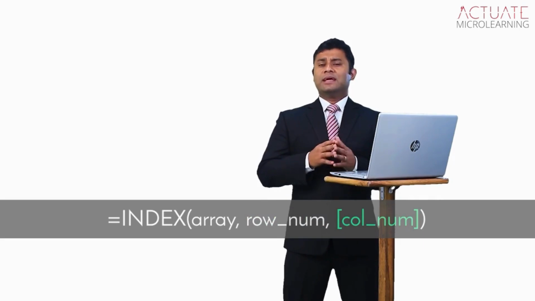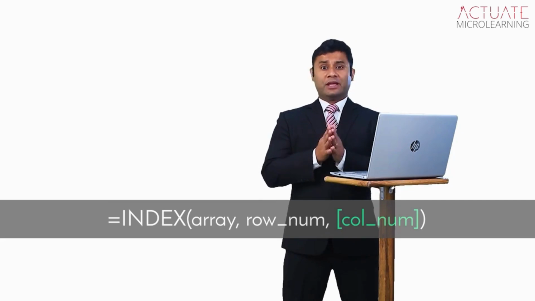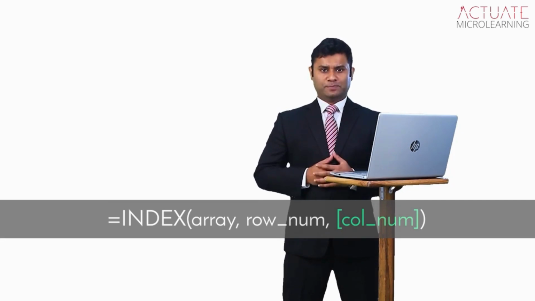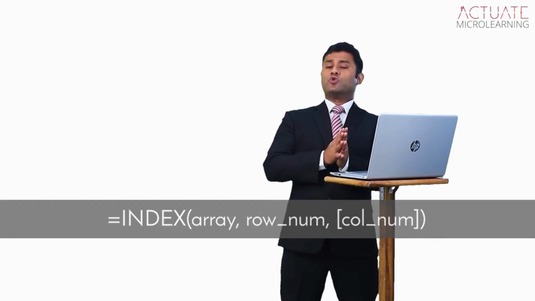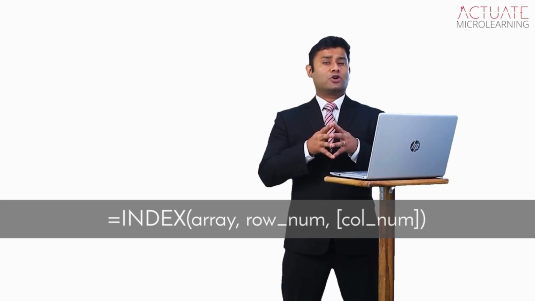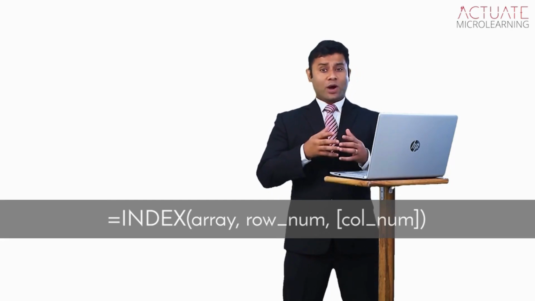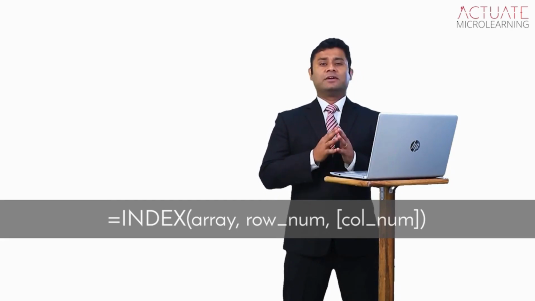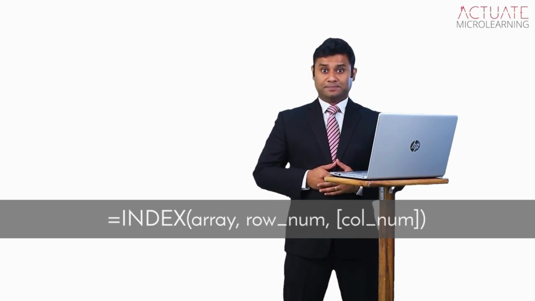Col_num is also an optional parameter and is the column in the table array where we need to find the value. An important thing to remember is that either the row_num or the col_num needs to be there. If row_num is not present, we need to have a col_num, and vice versa.